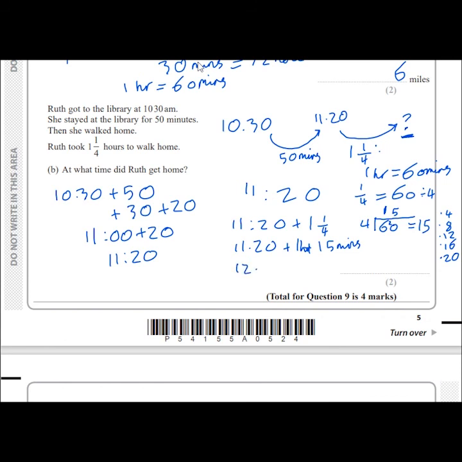So 12:20, we've just done 11 plus 1 is equal to 12. So 12:20 plus 15 minutes. So now we just focus on the second part of this. We got the 12 already, and then 20 plus 15, that's 35. So Ruth gets home at 12:35, just in time for lunch. Marvellous.